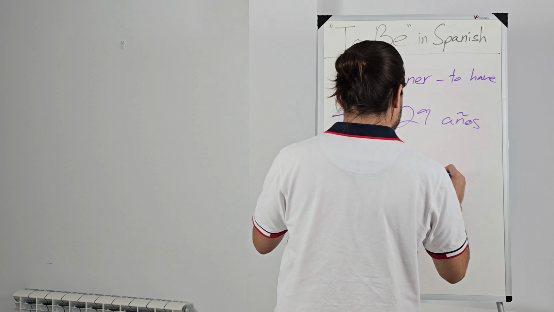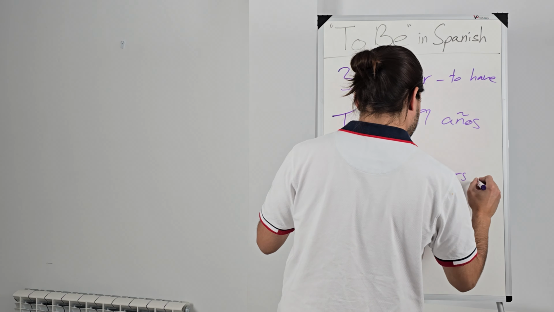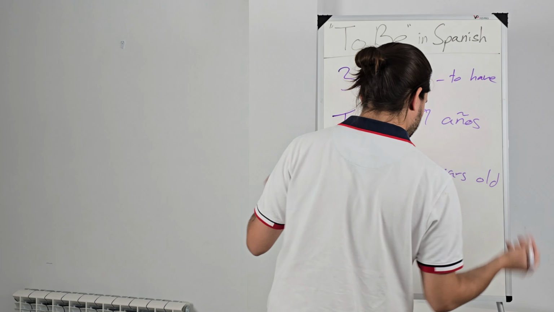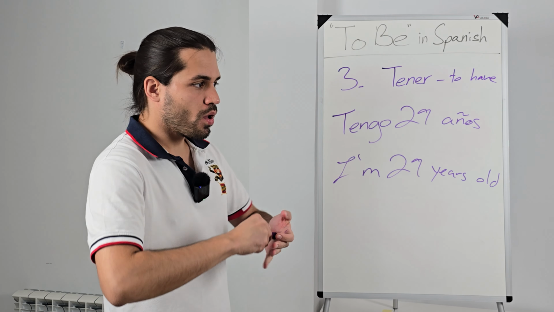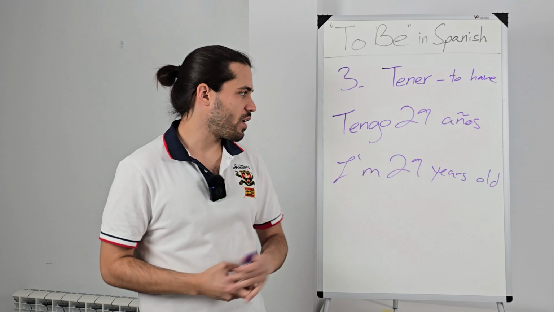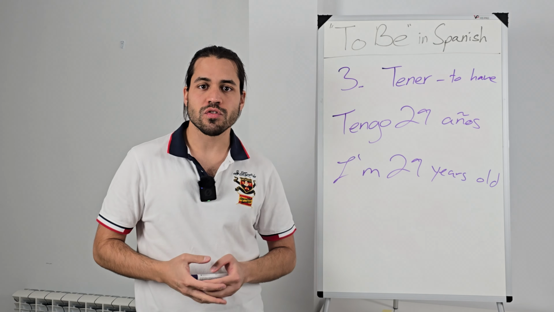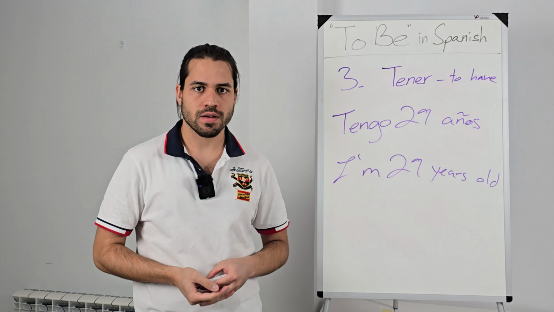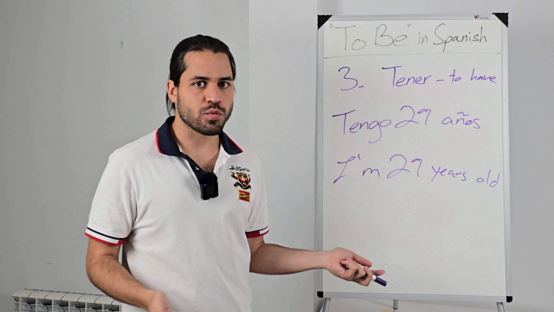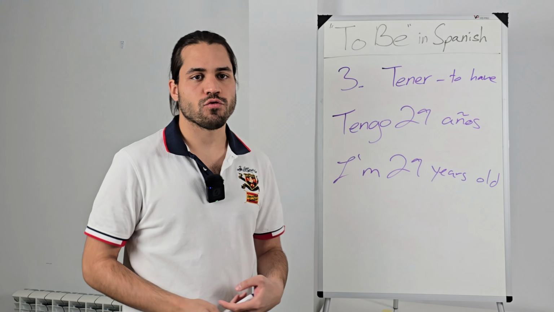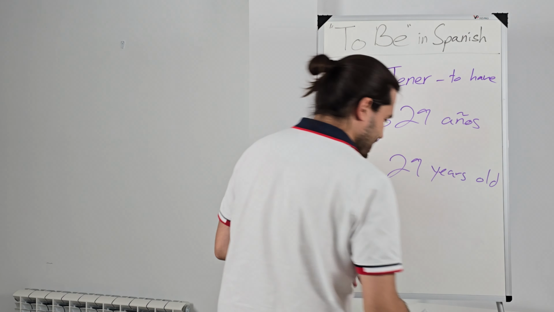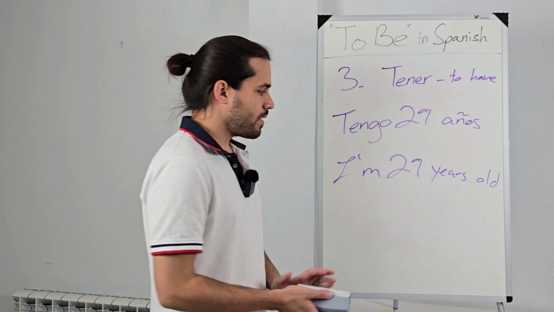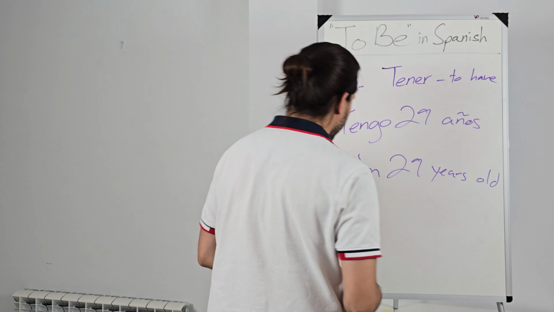I'm 29 years old. Right? So, when we're talking about age, for example, we would use having instead of being, right? In English, we'd use it as being. In Spanish, we'd use it as having, right? So that's why it's technically not being, but it is. It is, but it isn't.